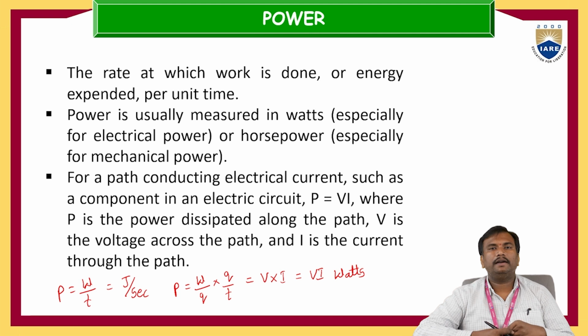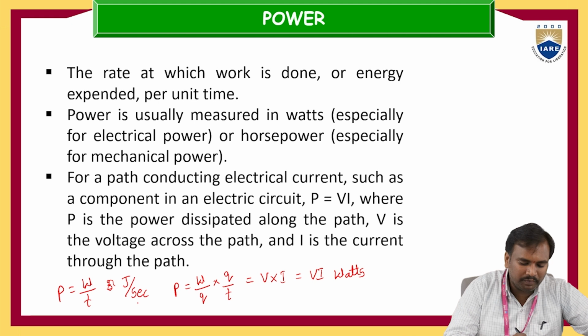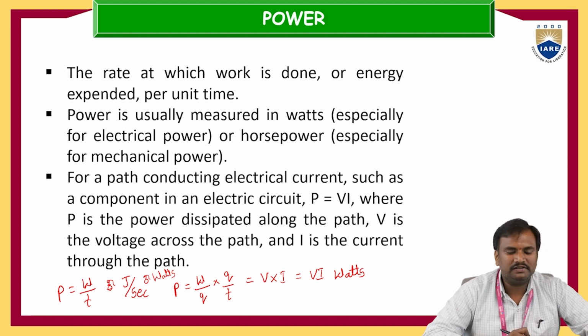The rate at which work is done is called power. Power P equals energy W by T, and the units are joules per second, or watts.